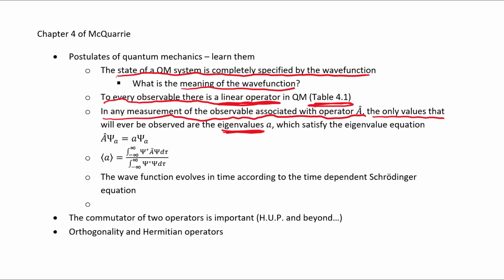If we can't get single eigenvalues out, and this happens as we go to the hydrogen atom, for example, we might apply the operator for position, but we can't pull out a single eigenvalue for position because the position is described probabilistically by that wave function. So sometimes we can't pull out a specific value, and we can look for an average.